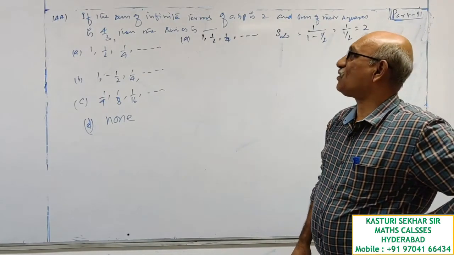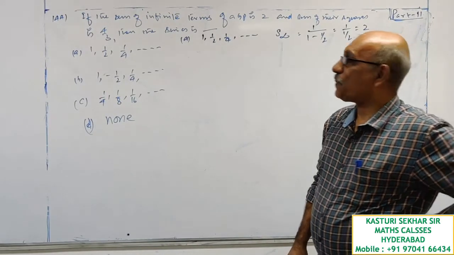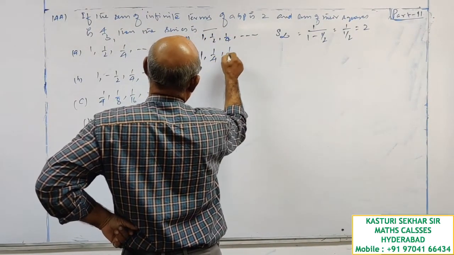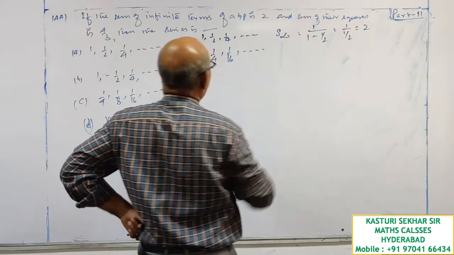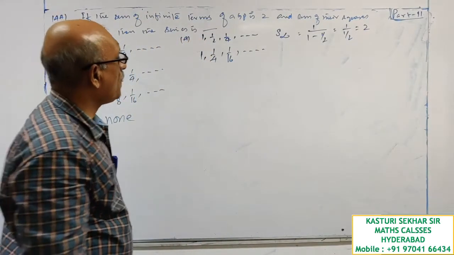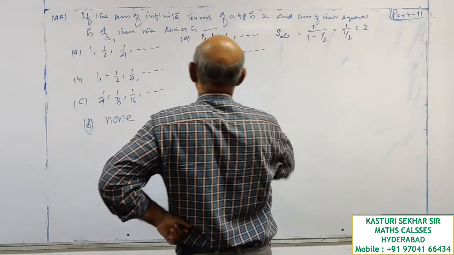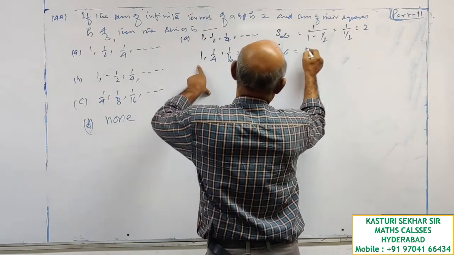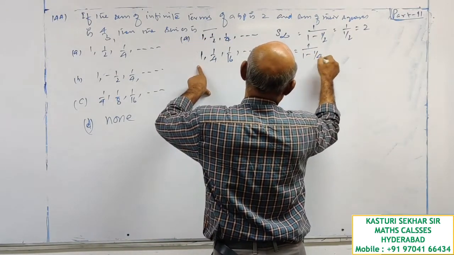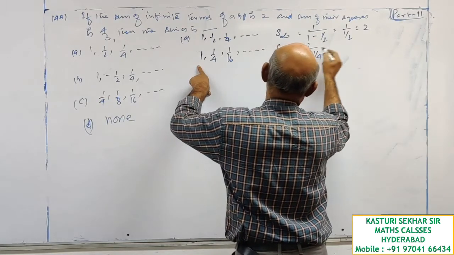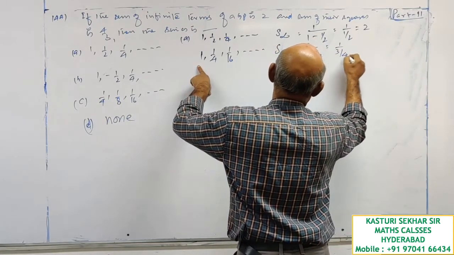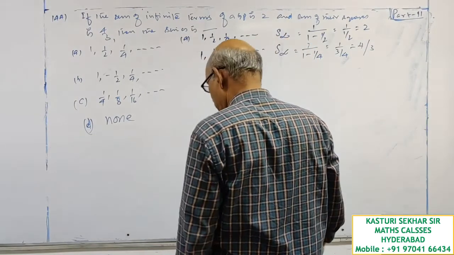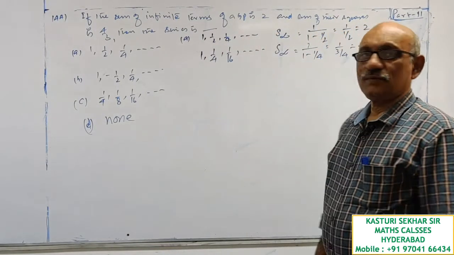Next, sum of their squares means the series is 1, 1 by 4, 1 by 16, etc. Square it. It is also in GP with common ratio 1 by 4. S infinity is equal to first term divided by 1 minus common ratio. This is 4 by 3.